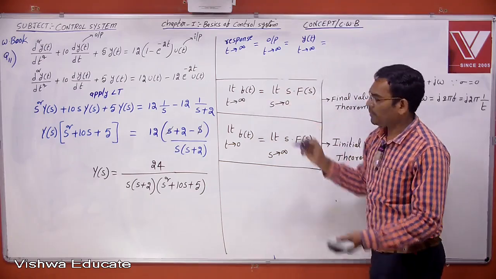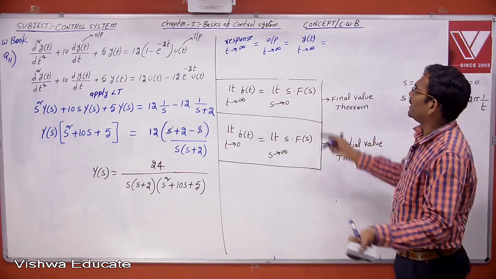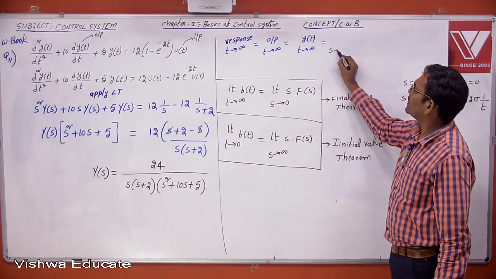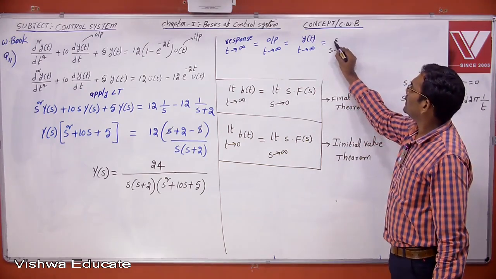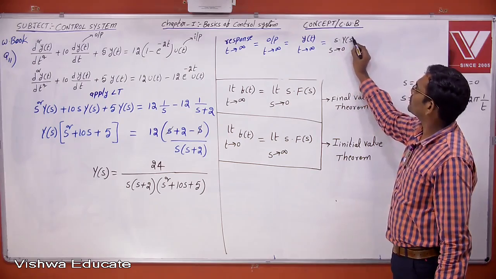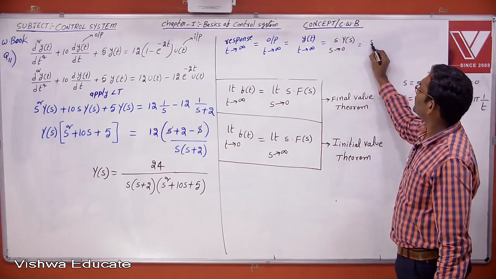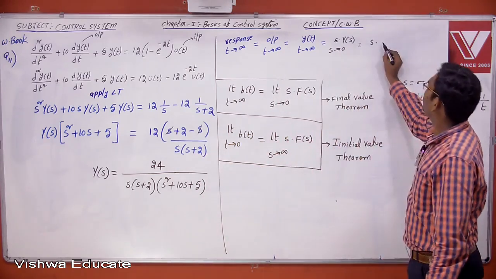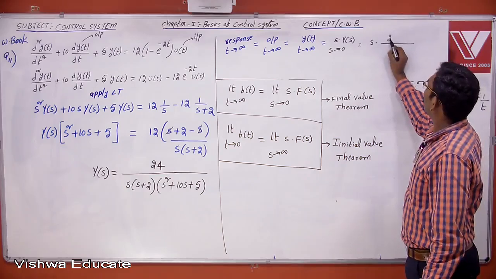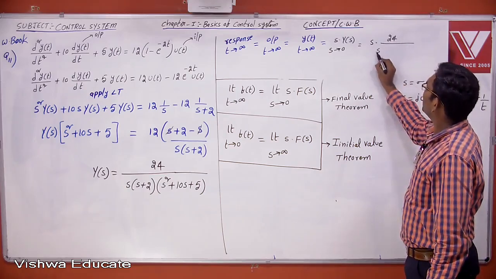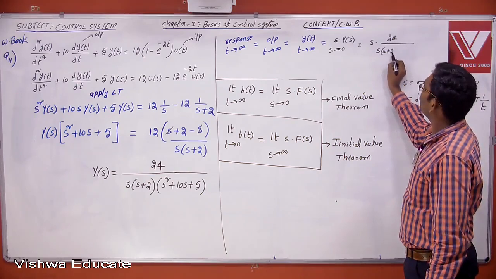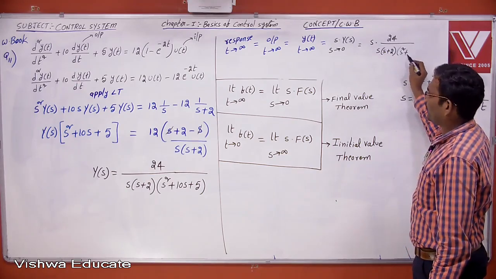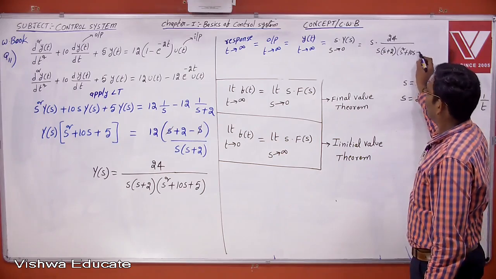Now, from the property of the Laplace transformation, can I write like this? Limit t tends to infinity y of t is exactly equal to limit s tends to 0, s into Y of s, which is s into, what is Y of s? Y of s is 24 by s into s plus 2 into s square plus 10s plus 5.